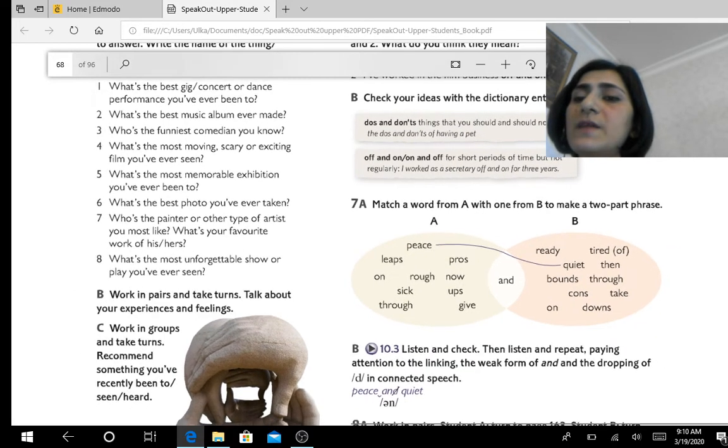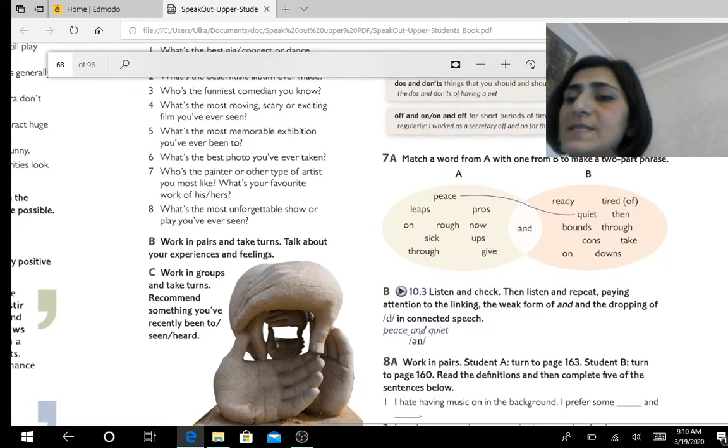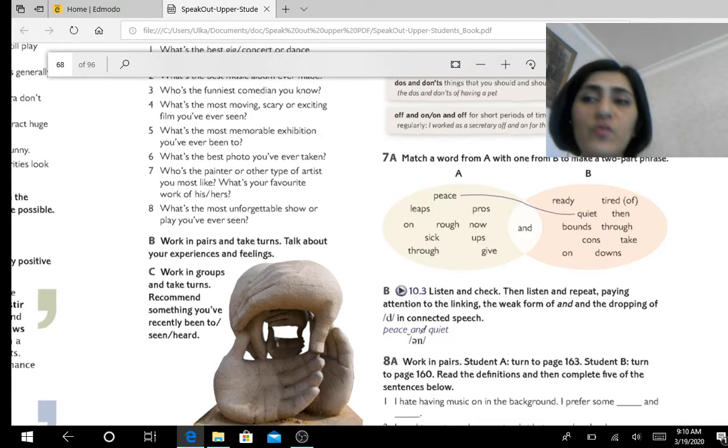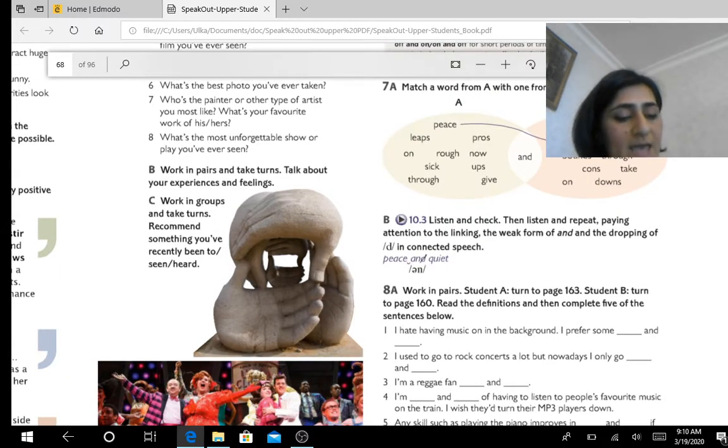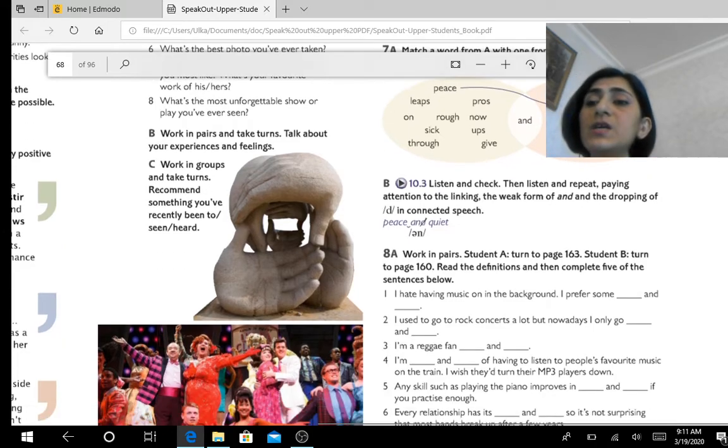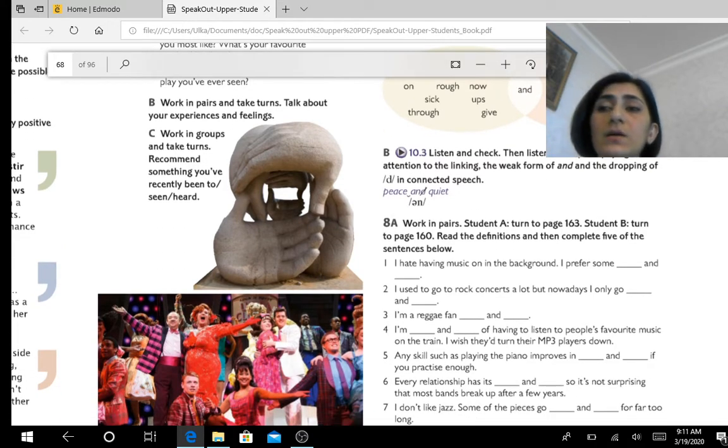After that, you go to exercise 7a. You have to match these two-part phrases, but you can say, how can I match if I don't know the meanings of these phrases? So you don't need to go and look them up in your dictionary. If you pay attention to exercise 8a, here they show you the pages.